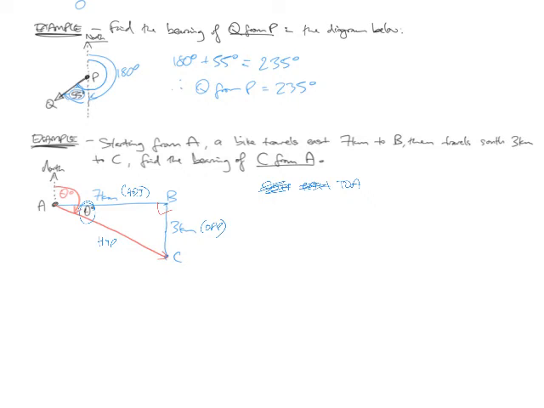Not this, not this. So it's going to have to be tangent. So tan of the black theta, which we don't know yet, is going to be opposite over adjacent, 3 over 7. Now we want to work out what the angle is. We need to use the inverse tangent. So it's going to be tan negative 1, 3 on 7.